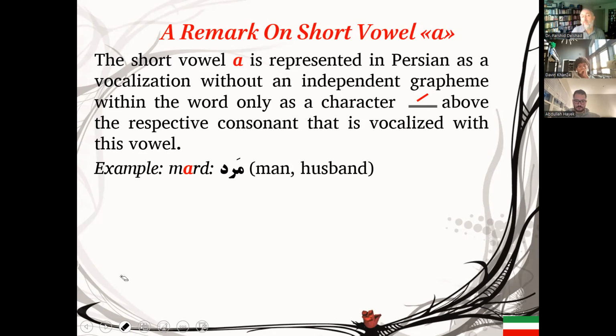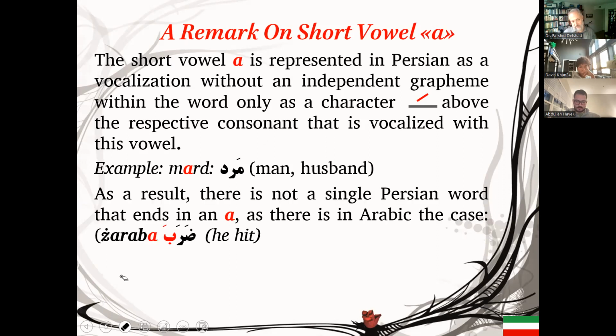Even those Arabic words that end with a vowel, when they come into Persian, become consonantic. It means they lose their vowel. For example, imagine this verb that came into Persian as an Arabic loan word. Daraba in Persian became zarb. Let's write it for you here. What happens to that?